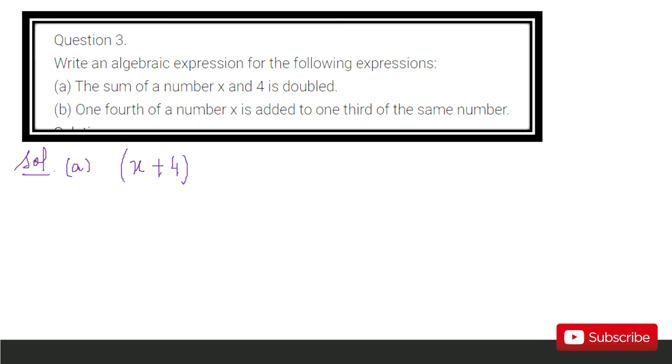Doubled means it is multiplied by 2. Alright. Now B part says 1/4 of a number x. So the number is 1/4, means 1 by 4, is added to 1/3 of the same number. Yes, so we have got two things, 1/4 of the number and 1/3 of the number.